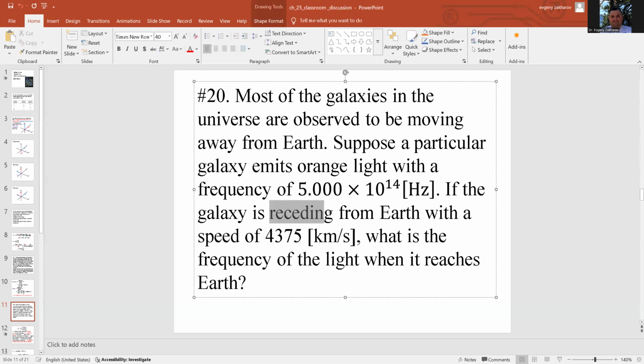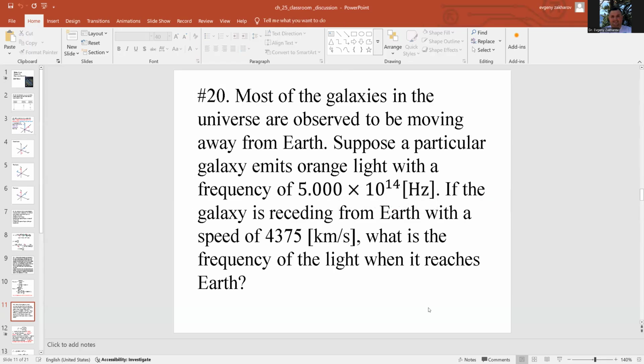The galaxy is receding. So the galaxy is the source, and we're sitting here on Earth and we're trying to detect what's going to change. So Earth is the detector and galaxy is the source, and source is receding, so it's going away.